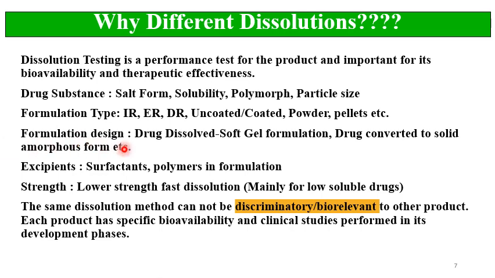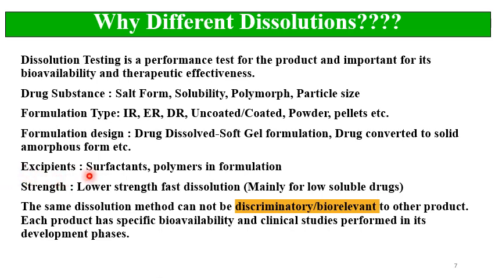Then formulation design. For example, the drug dissolved in a soft gelatin formulation. In a soft gelatin formulation, the drug is in the dissolved form. The drug may be converted to a solid amorphous form to improve the solubility. So these formulations must have different dissolution testing conditions.